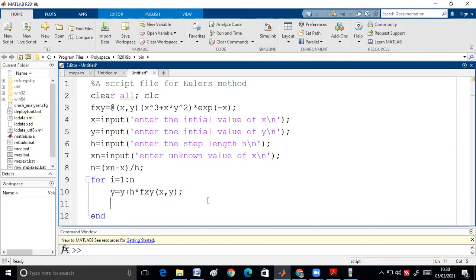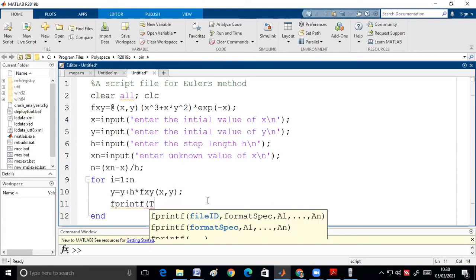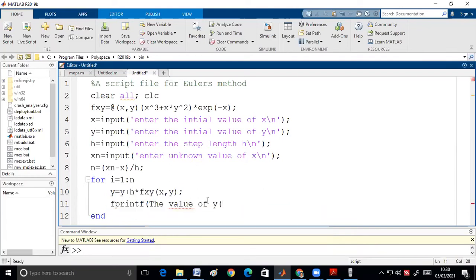After finding this value, just print using fprintf. The value of y, write in brackets, percentile f, I will write 0.1 etc., comma x, I will write equals to symbol also. I will close the single quotes, not double quote, single quote.